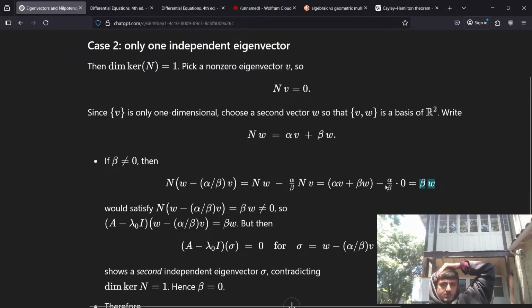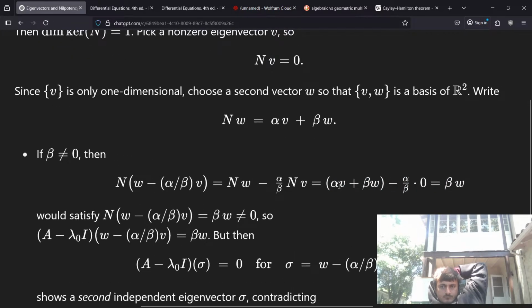Wait, what? Wait, what? Wait, why would AV go to 0?